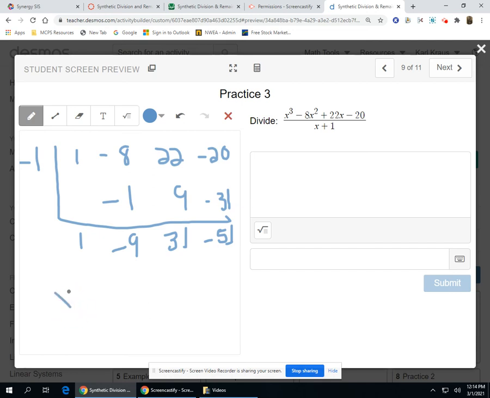So x squared minus 9x plus 31 minus 51 over x plus 1.